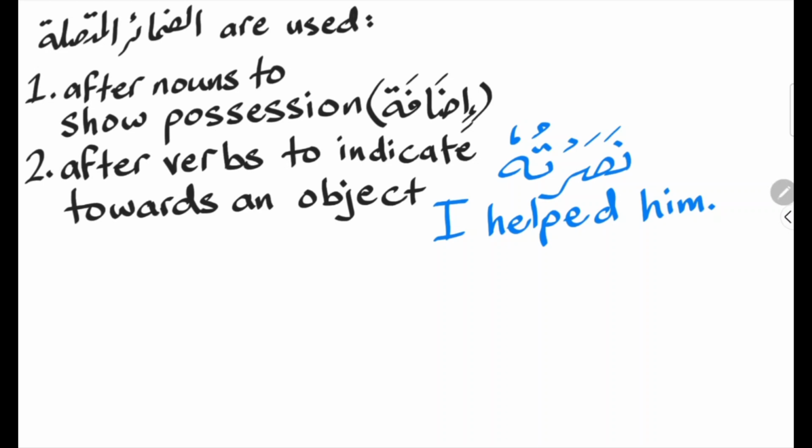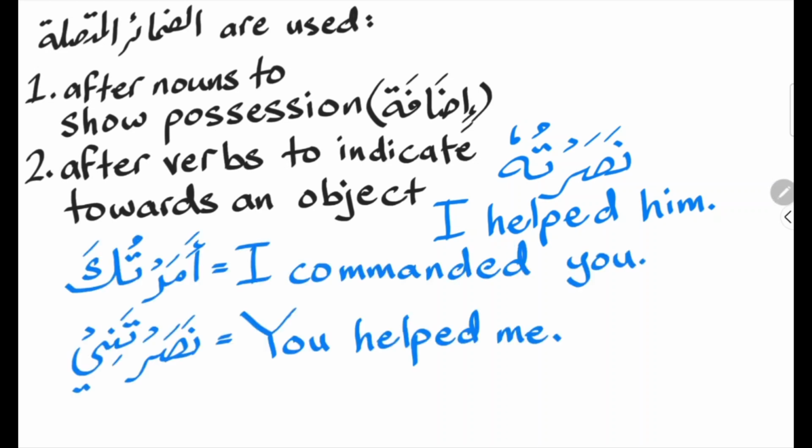Or for example, amartuk, I commanded you. Nasartani, you helped me. Here the pronouns are indicating towards the object or person receiving the action. I commanded you, you helped me. So ka in amartuk is indicating towards an object. Nasartani, the ni is referring to an object.